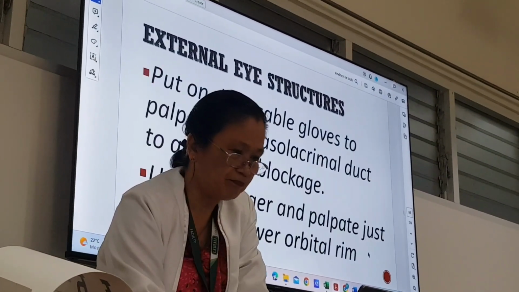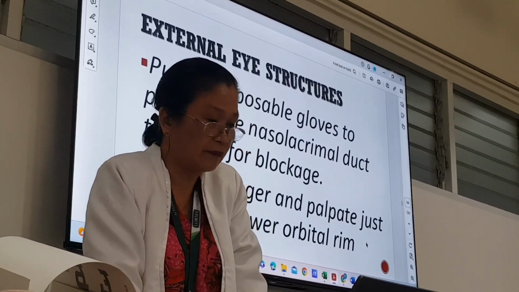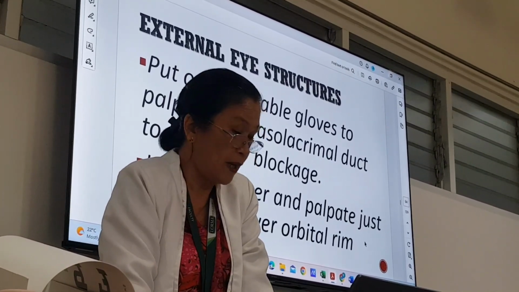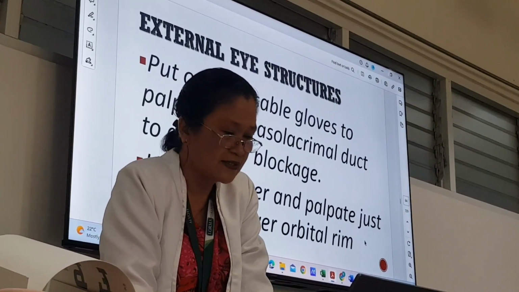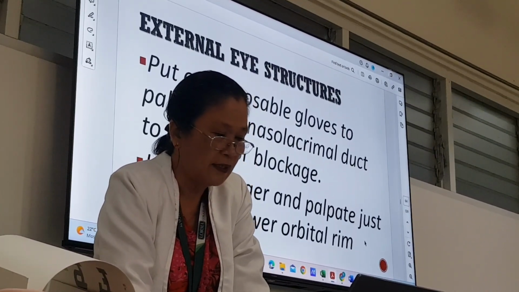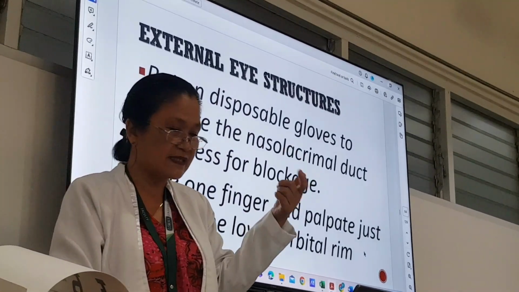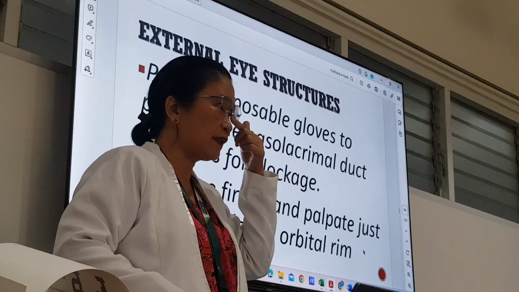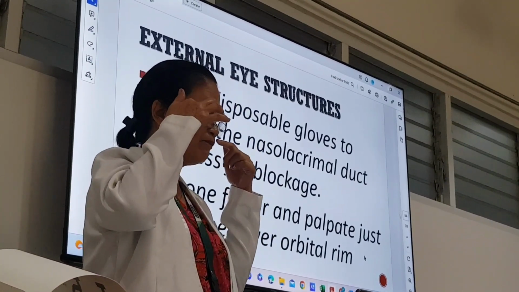Then next, put on disposable gloves to palpate the nasolacrimal duct to assess for blockage, and then use one finger and palpate just inside the lower orbital rim. So when you say one finger, palpate just inside the lower orbital rim. Then to the other side.